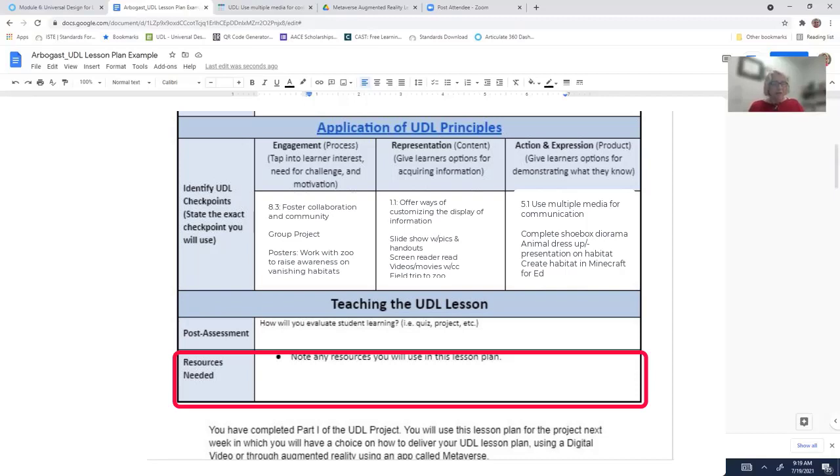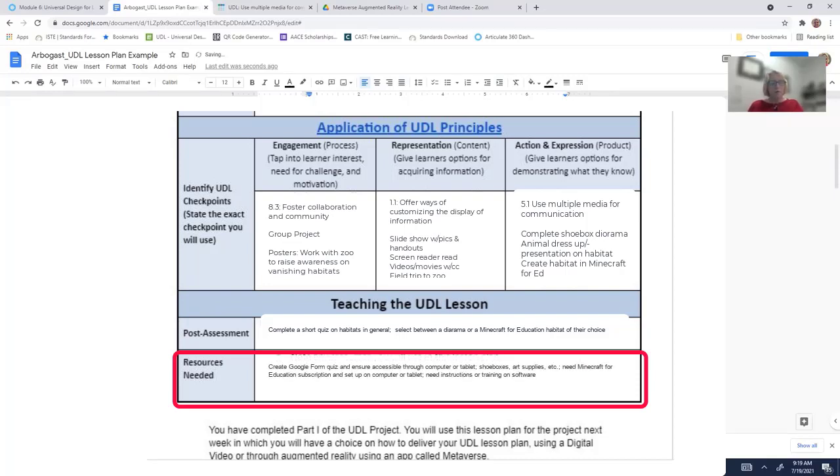So for the short quiz, I have to create a Google form quiz and ensure students can access it through a computer or tablet.